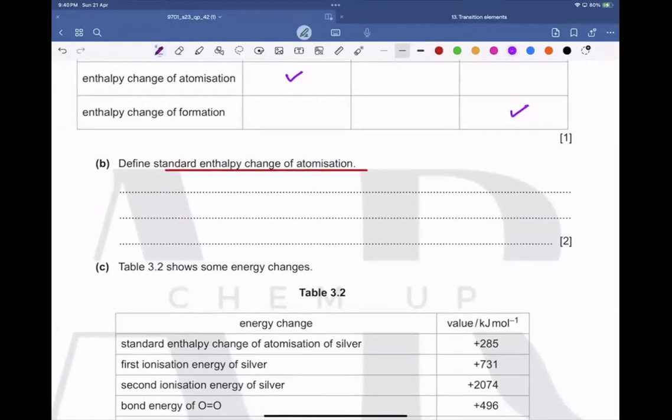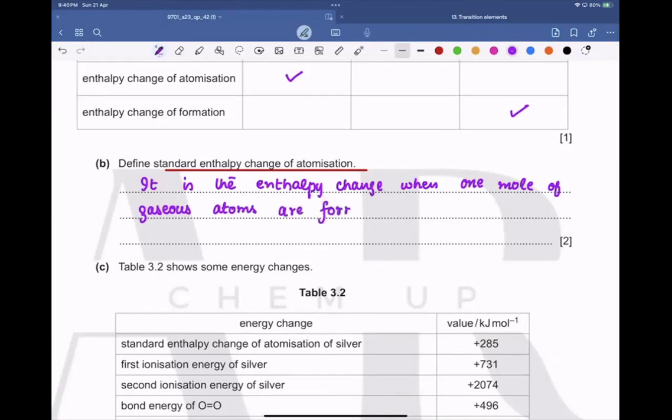You must remember the definition: it is the enthalpy change when 1 mole of gaseous atoms is formed from the element under standard conditions.